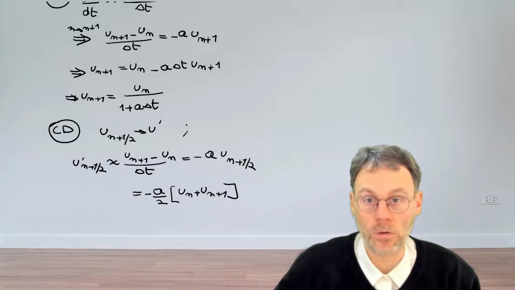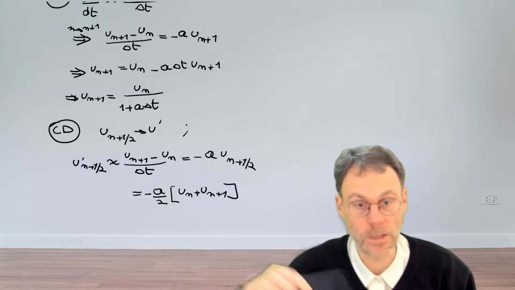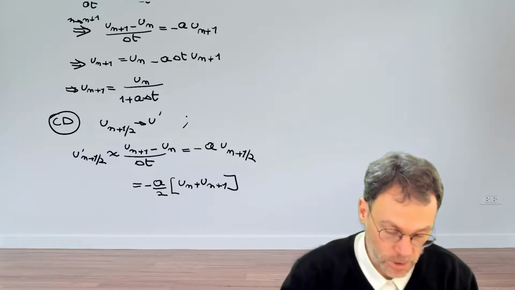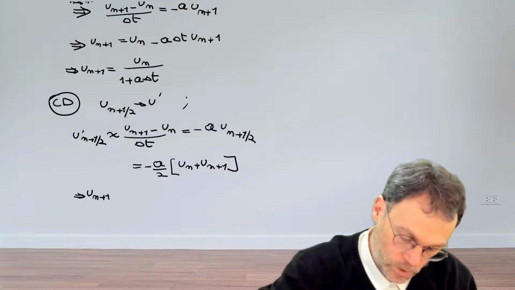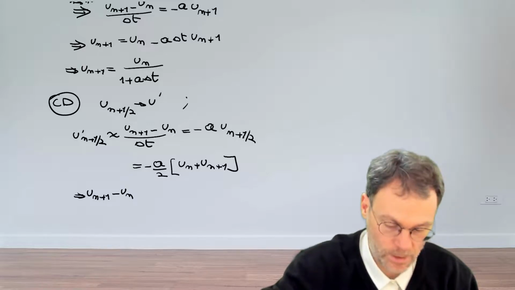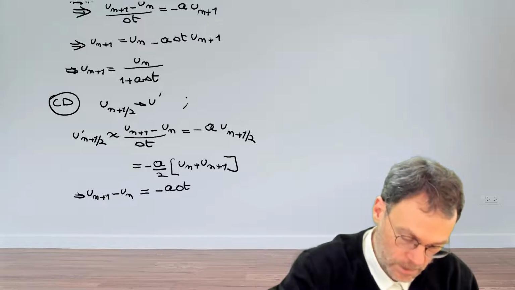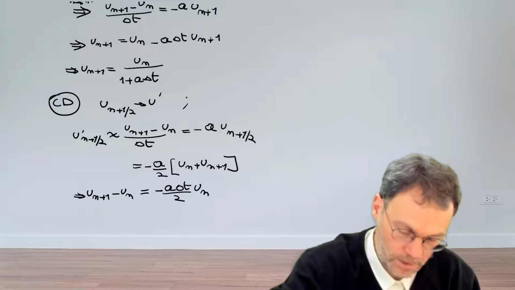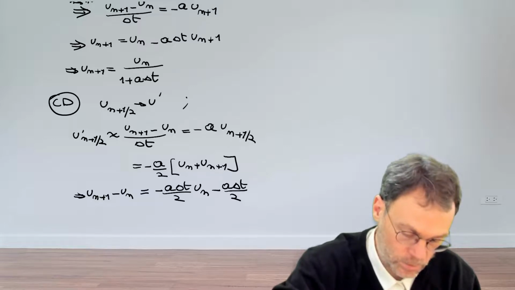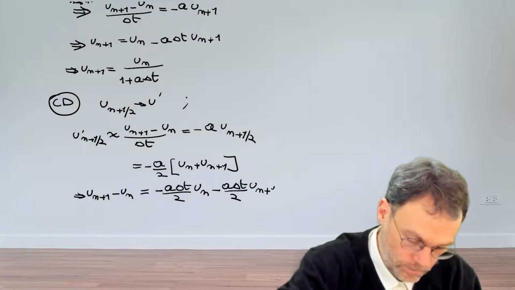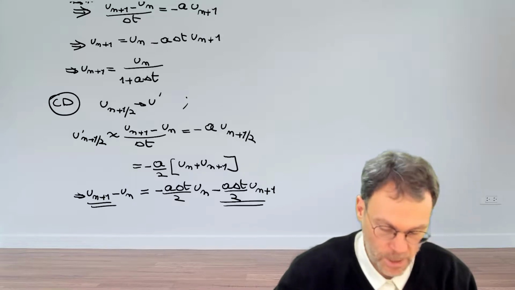Good. So now again, we have an equation which we can use to extract u^(n+1) as a function of u^n. Let's simplify that. We have u^(n+1) minus u^n equal to minus a delta t over 2 u^n, and then minus a delta t over 2 u^(n+1). So the u^(n+1) appears here and there.